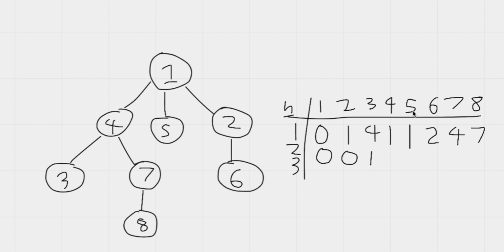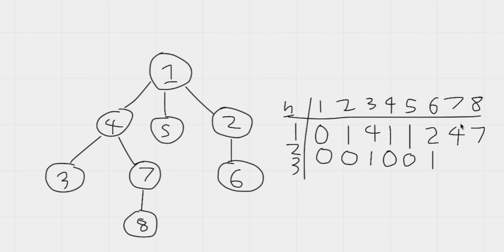And then the second ancestor of node 4 would be the first ancestor of node 1, which is 0. The second ancestor of node 5 would be the first ancestor of node 1, which is again 0. The second ancestor of node 6 would be the first ancestor of node 2, which is 1.